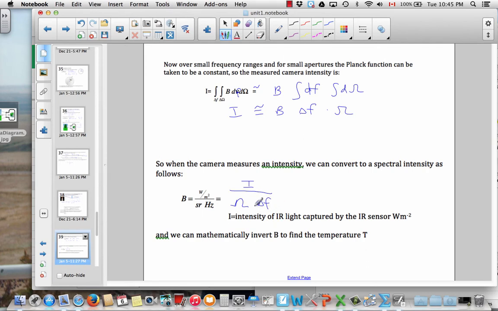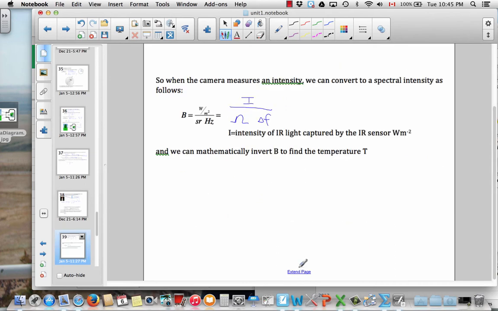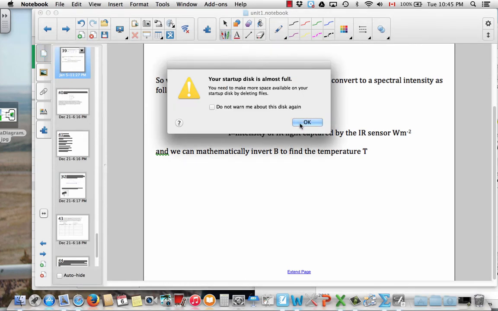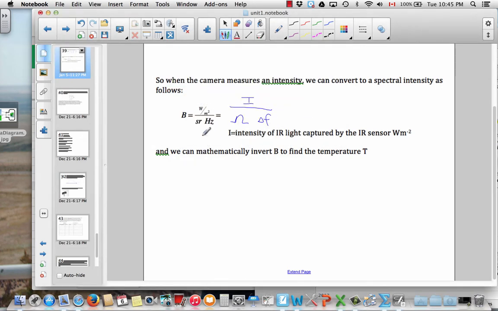And then once we've got that spectral intensity, we know from the Planck function that it depends on temperature, and we can solve for the temperature once we've got the B function.